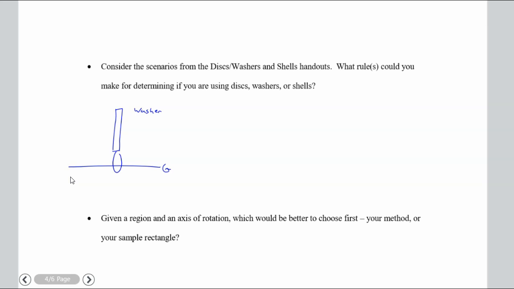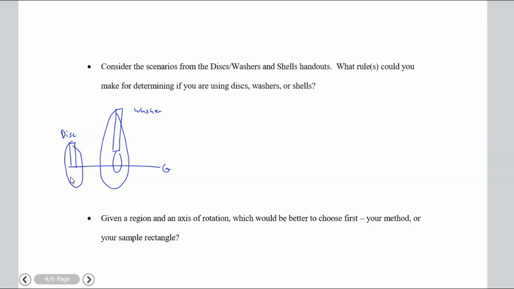And you can draw it out, and see you're going to get a washer for something like that. If it's not touching. If it's touching, right, then I'm going to get a disc. So if my sample rectangle is always touching, never has a gap, then that's going to give me a disc for something like that.